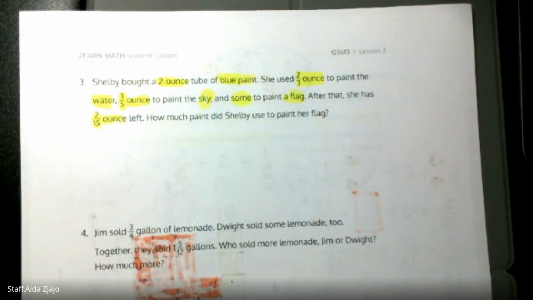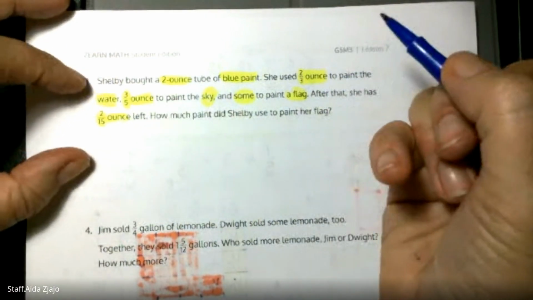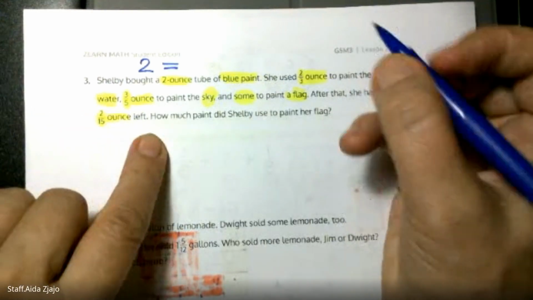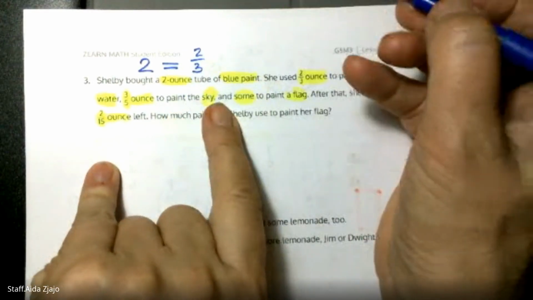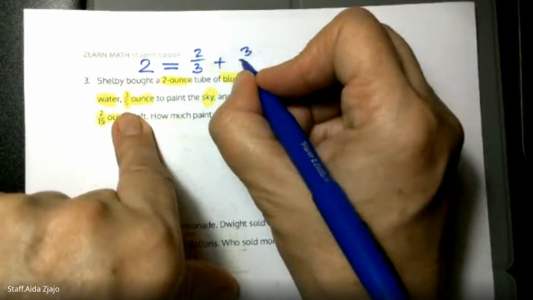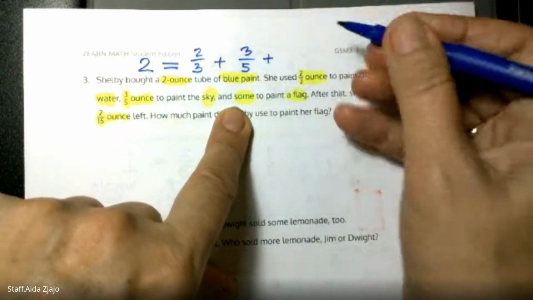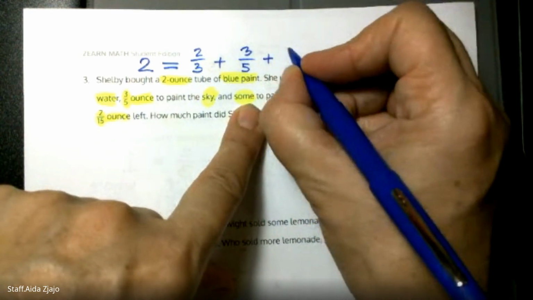Okay, so when we think about a math sentence, we can think about what the total is. So 2 ounces must equal 2/3 plus 3/5 plus some paint for a flag. Let's do F for a flag.